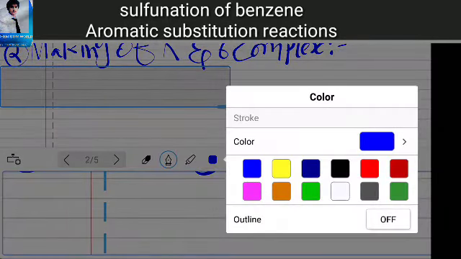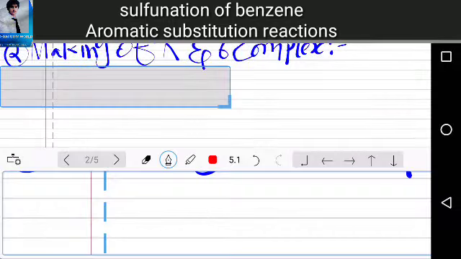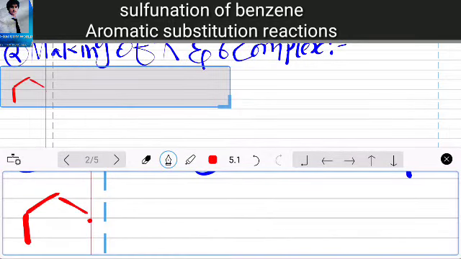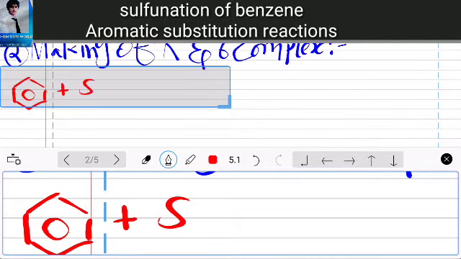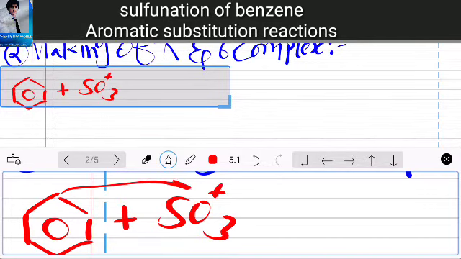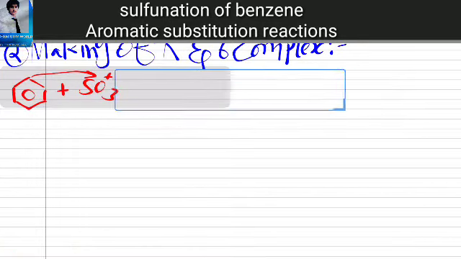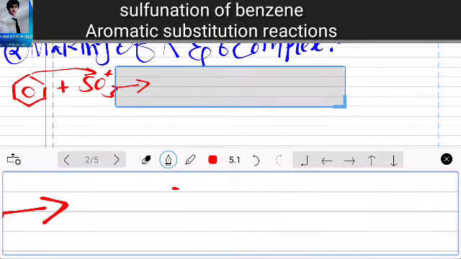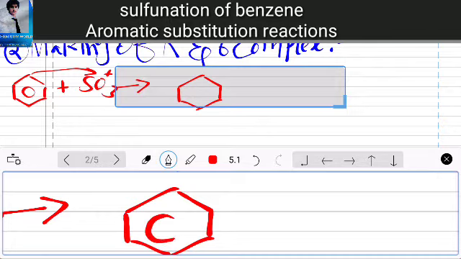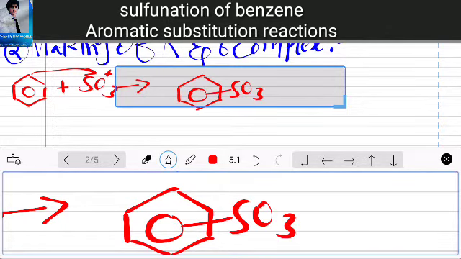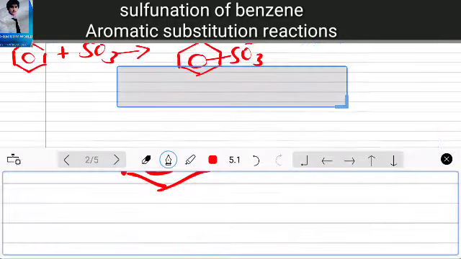So the benzene ring attacks on SO3 if we use the first method of electrophile, SO3 positive, in this way, and forms pi complex.